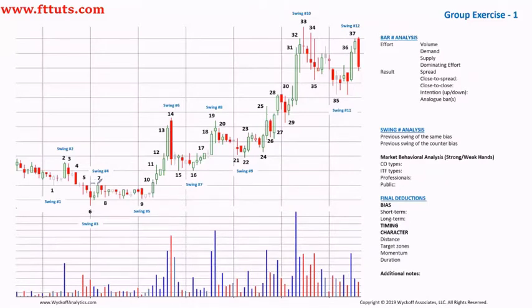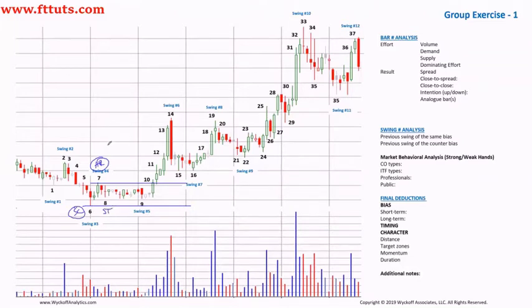Well, Rick, now that we know that we're going to be in a consolidating environment, and 6 was defined as a selling climax, 7 as an automatic rally, 8 is defined as? That'd be a secondary test.